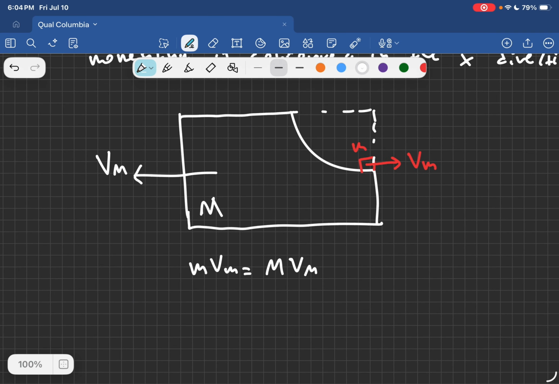And we can also use conservation of energy, okay? Again, we can use conservation of energy because the forces involved in this problem do no work, because you have frictionless surfaces, okay?